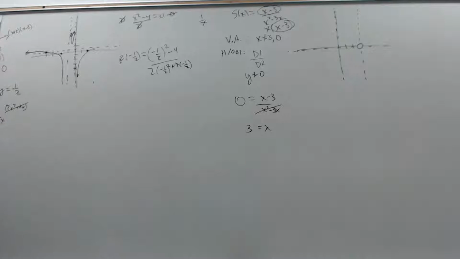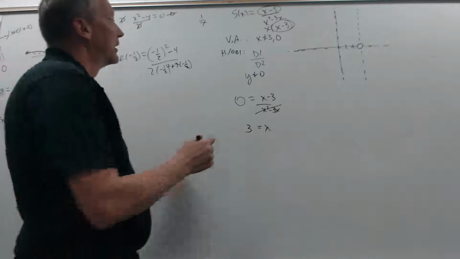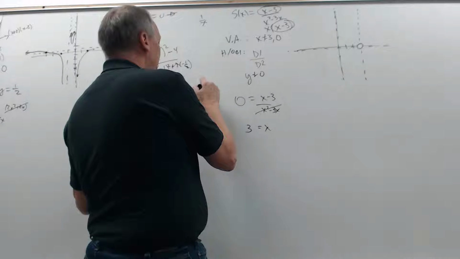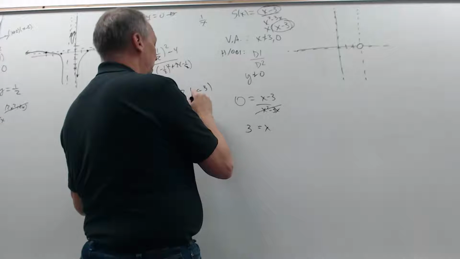Okay. But I mean, if we had it where it was like 2 on top and bottom, and we could factor out a 2, we can do that as well. Say it again. So if you multiply the top and bottom by 2, theoretically, for a new problem, we could simplify it: x minus 3 over 2 times x squared minus 3x.